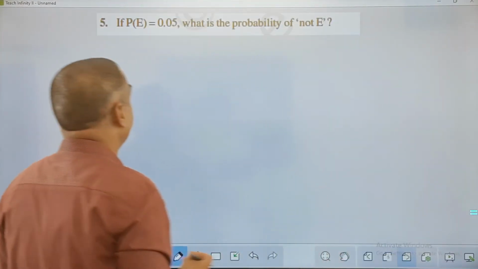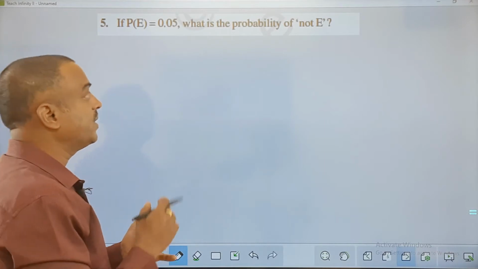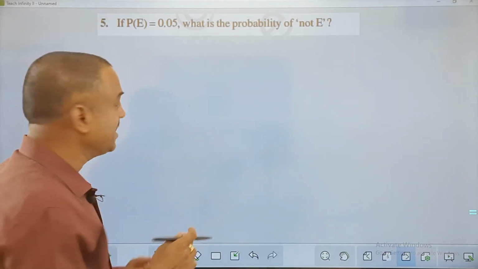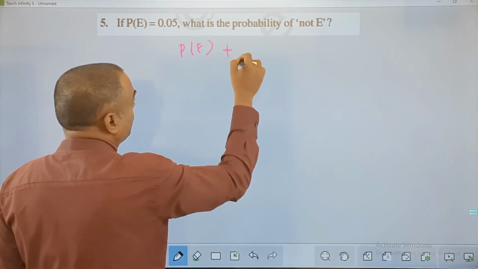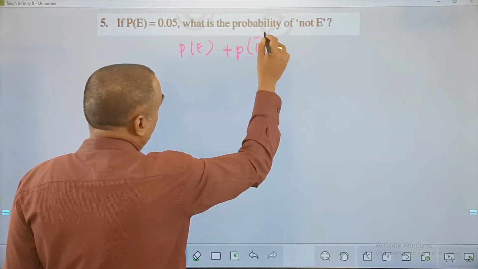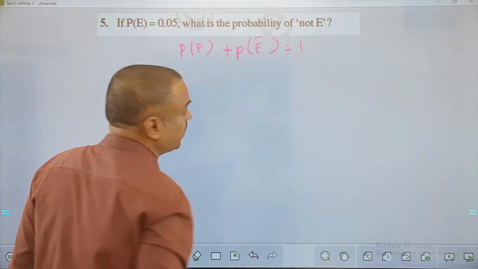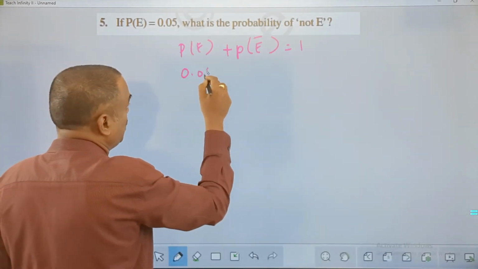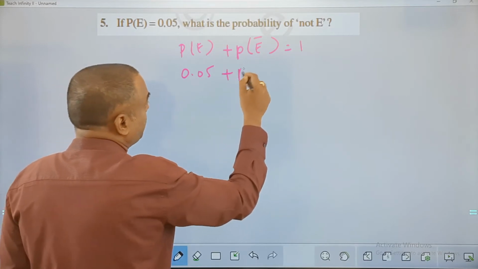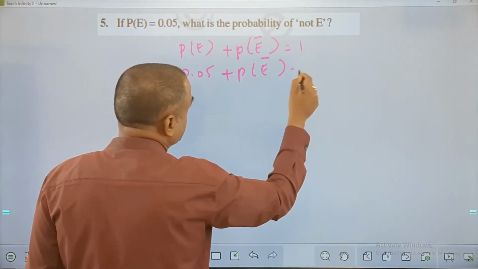Question number 5. Probability of happening is given. Question is to find the non-happening of an event. We all know the probability of happening of an event plus the probability of non-happening of an event is always equal to what? 1. Question given this 0.05 or 5%. P of E dash is how much?